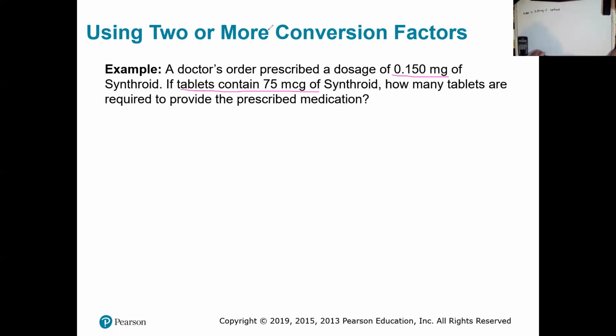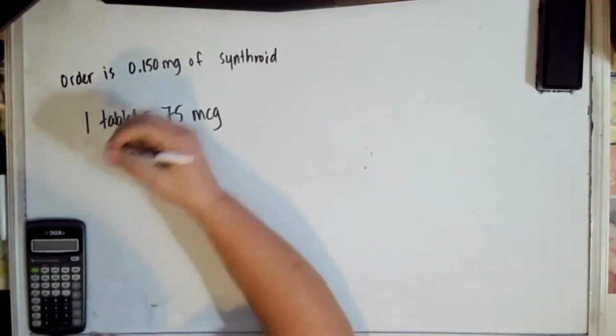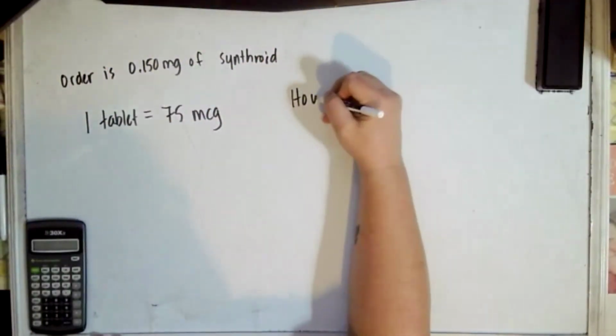That is our equality. Every tablet contains 75 micrograms, mcg. So one tablet equals 75 micrograms. Okay. And then the question is, how many tablets are we going to need to provide the prescribed medication? So how many tablets do we need?